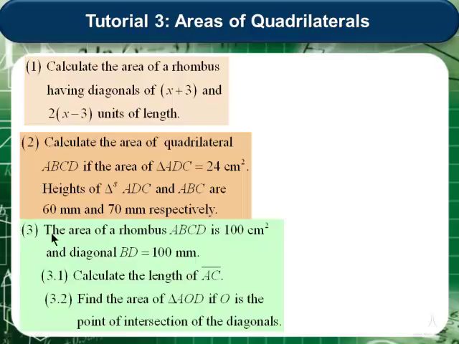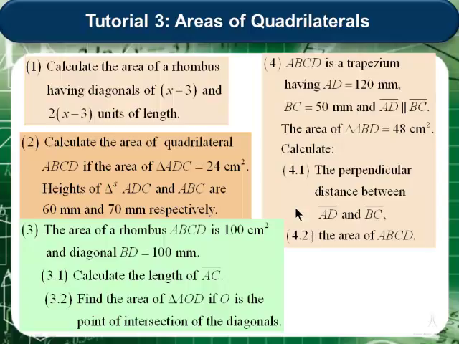In question number 3, the area of a rhombus is given and one of the diagonals is given. You need to calculate the length of AC as well as find the area of triangle AOD if O is the point of intersection of the diagonals.